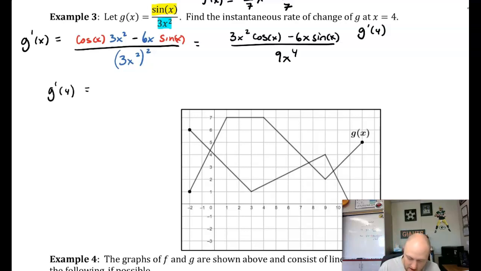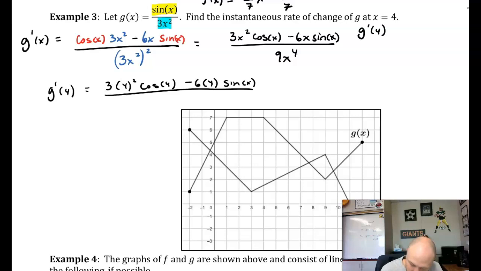And then g prime of 4, I'm just going to plug this in. So we have 3 times 4 squared cosine of 4 minus 6 times 4 sine of 4, divided by 9 times 4 squared.